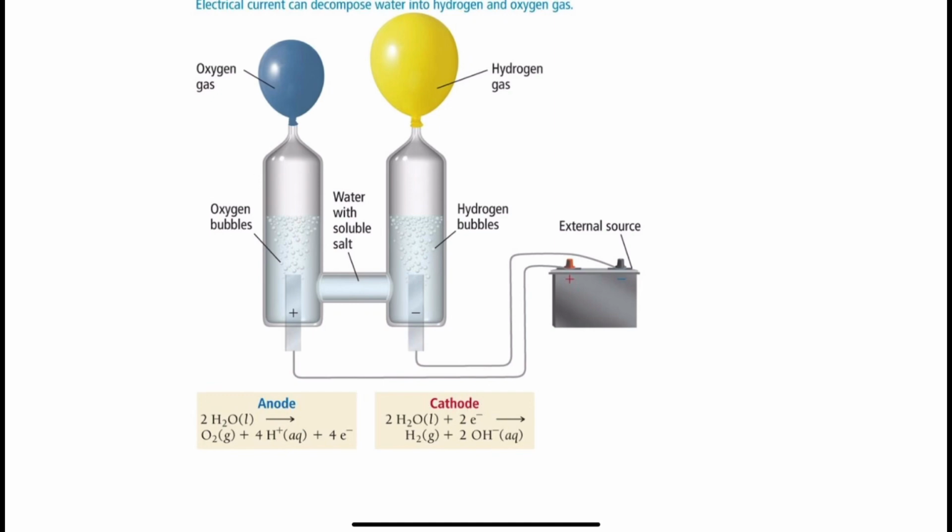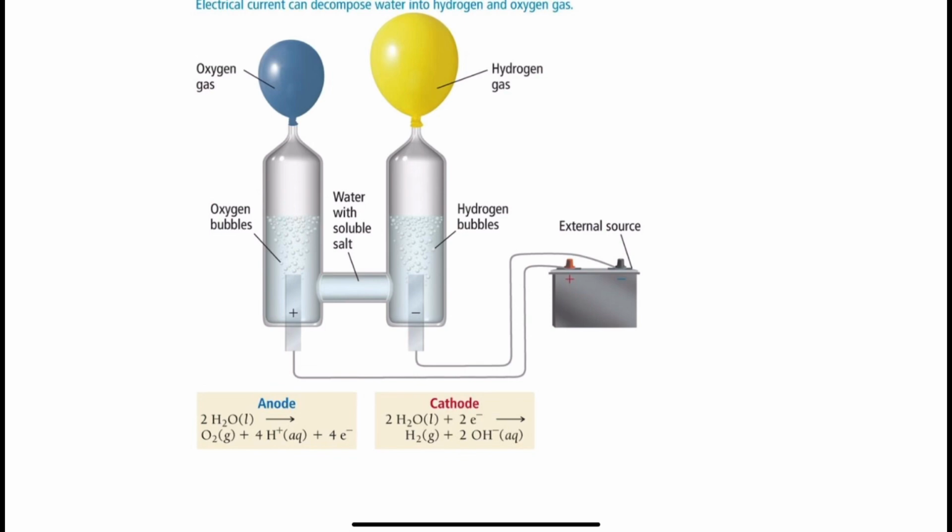We are literally breaking apart water, and I'll show you a YouTube video of that in just a minute. We can see what's happening at the anode and at the cathode. At the anode, 2 water molecules form 1 mole of oxygen gas, 4 moles of H+ ions, and 4 electrons.